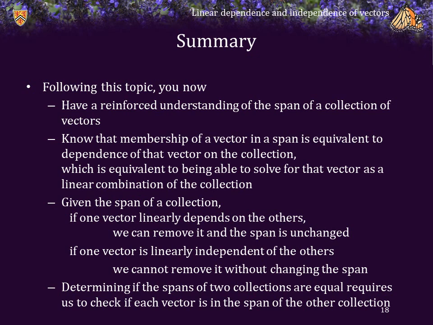Also, given the span of a collection of vectors, if one vector linearly depends on the others, we can remove it and the span is unchanged, while if one vector is linearly independent of the other, we cannot remove it without changing the span. Finally, determining if the spans of 2 collections are equal requires us to check if each vector in one collection is in the span of the other.